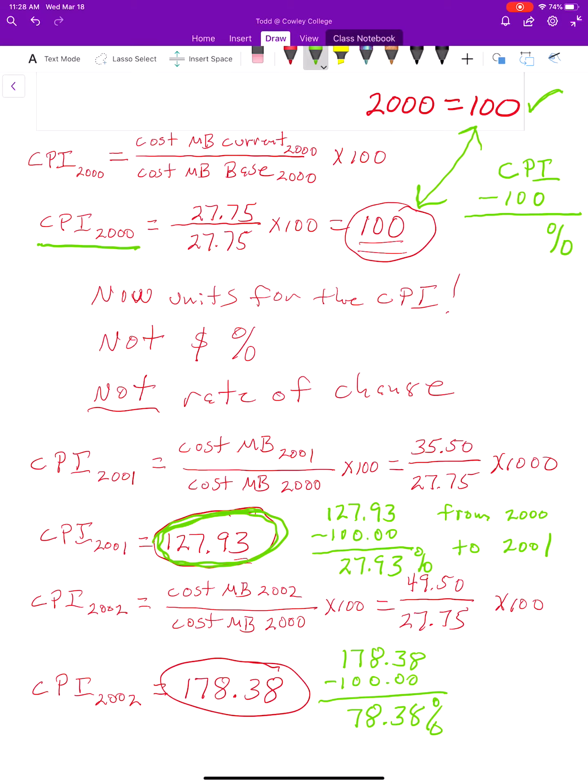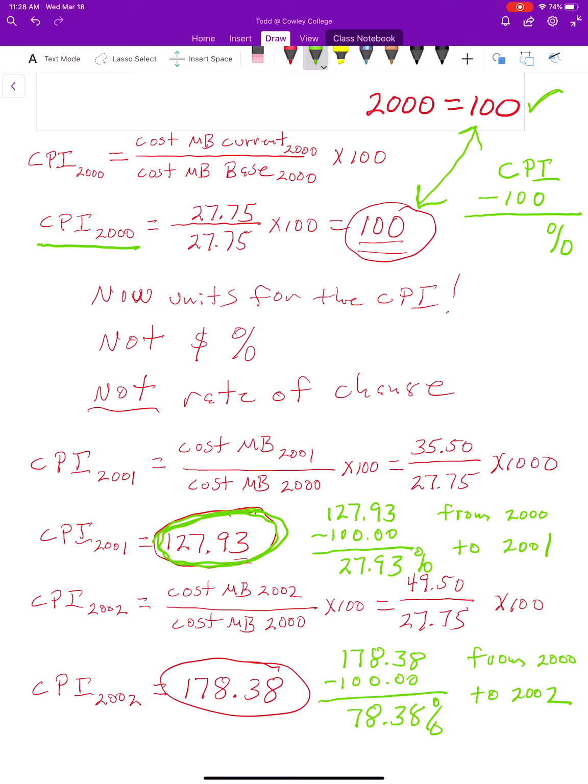So average prices have increased 87.38% from 2000 to 2002. So that's simply how you take your consumer price index and interpret how much those average prices have changed from your base to your current year.